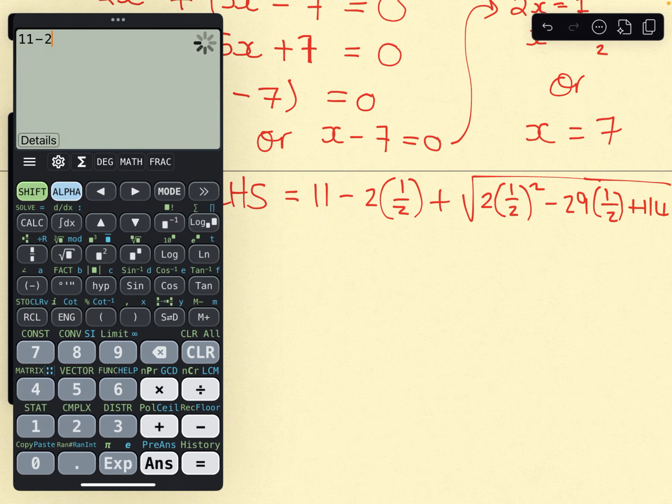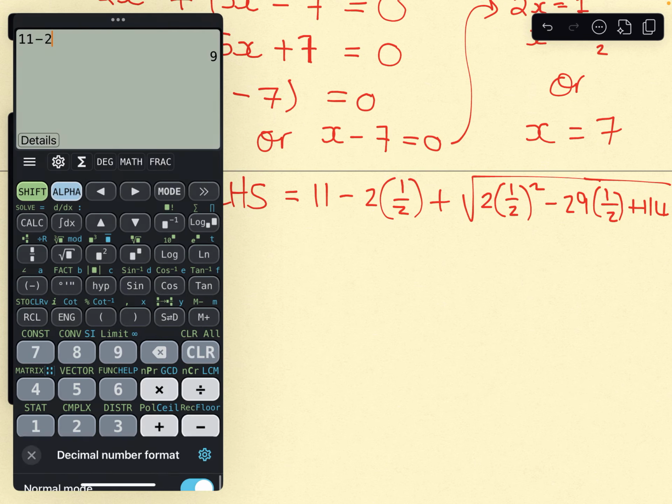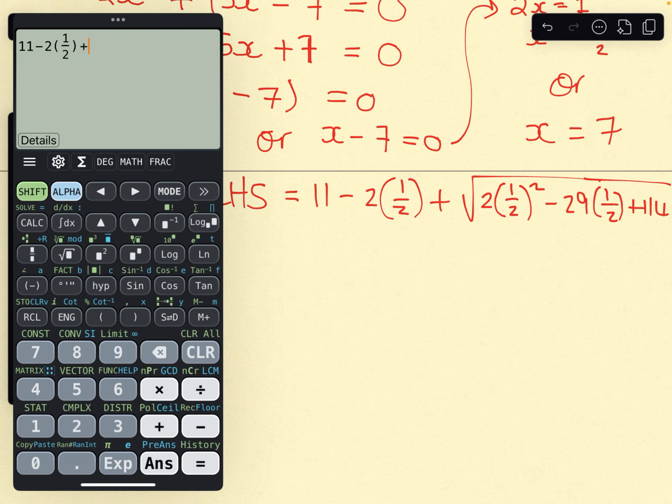So 11 minus 2 times a half plus the square root of 2 times a half, I think that's outside, okay, yeah, minus 29 times a half plus 114. So that gives us an answer of 20.